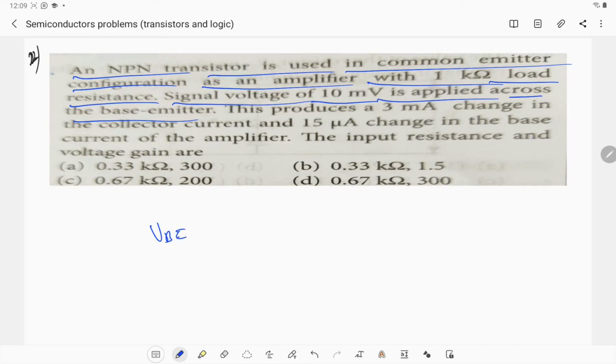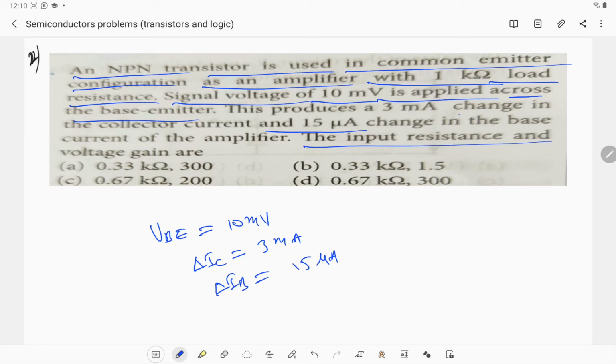Therefore, VBE is equal to 10 millivolts and this produces a 3 milliampere change in collector current. Delta IC is equal to 3 milliamperes, and a 15 microampere change in base current. Delta IB is equal to 15 microamperes.